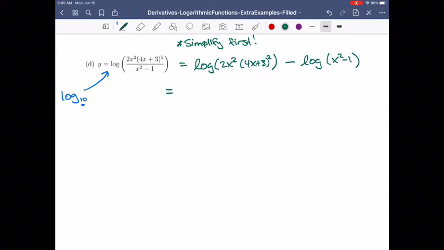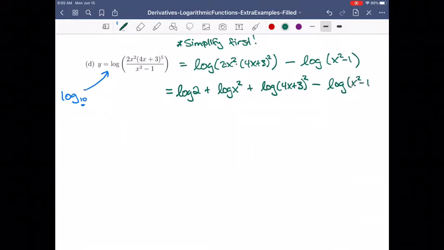So I have 2 times x squared times 4x plus 3 all squared. So I can break these all up doing addition. So it's log 2 plus log of x squared plus log of 4x plus 3 squared. So now I've taken out the need for the product rule.